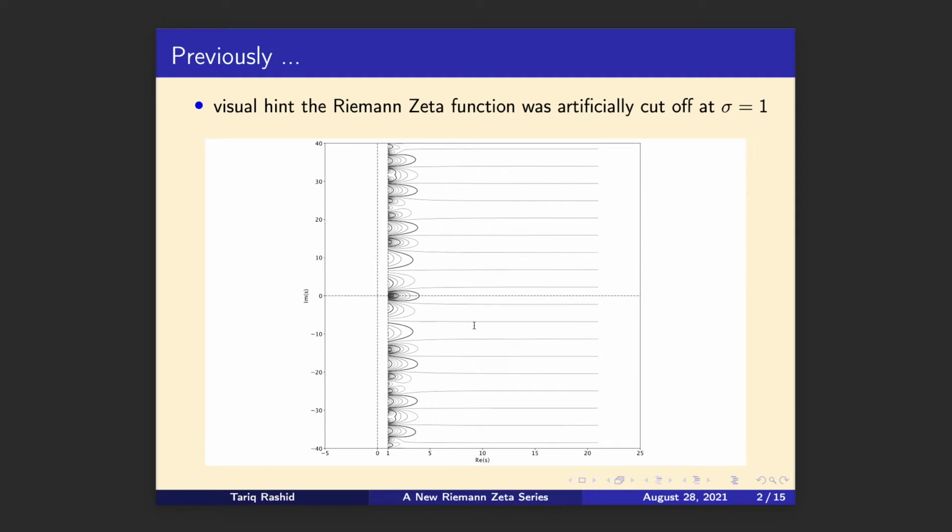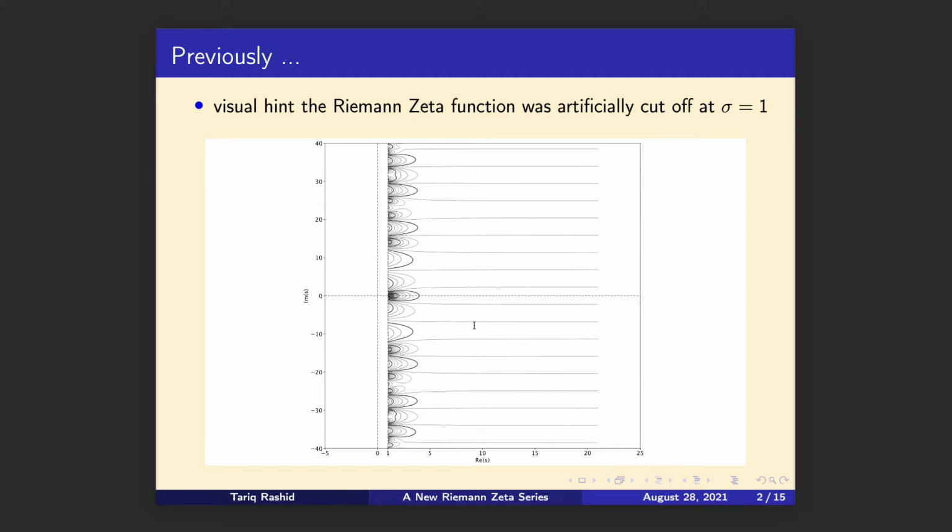So its parameter s, we upgraded it in some sense from being a number which could be 1.5, 0.2, 9.8 to a complex number which is two-dimensional. And the output of that function is also a complex number, and we try to visualize it by taking its magnitude and taking its log as well, just to kind of scale it down a little bit. And we saw some interesting features.